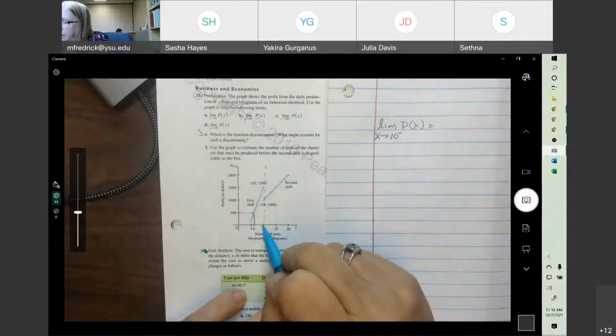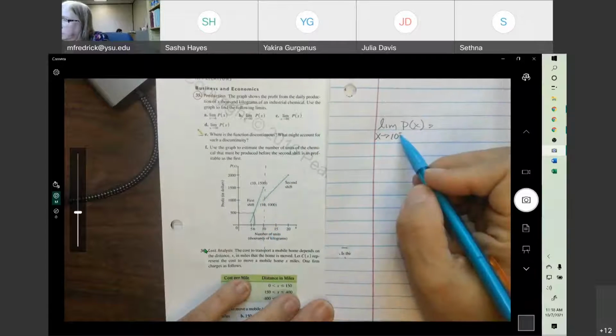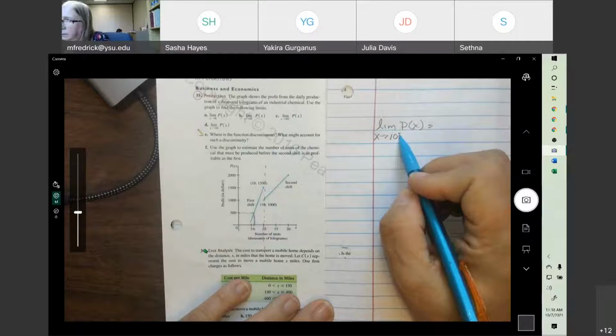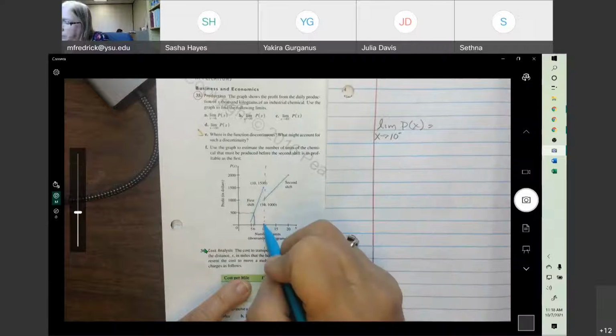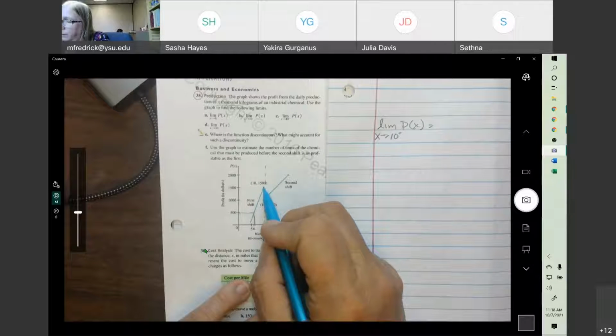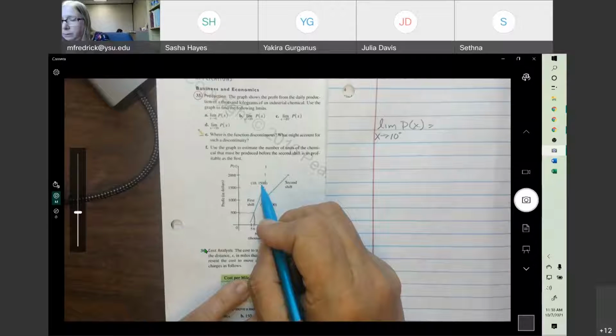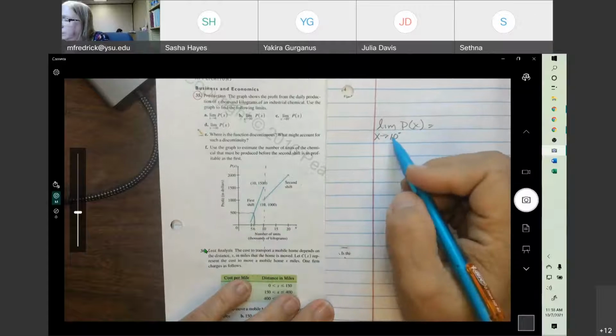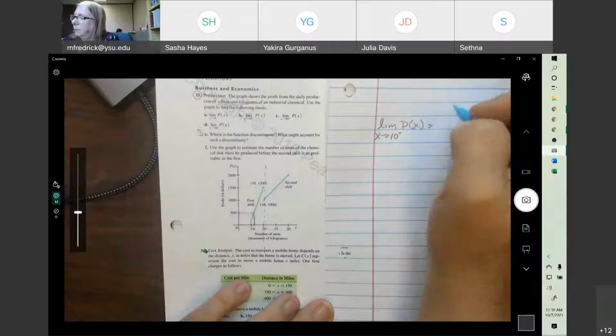So the limit from the left, that minus sign means a little bit smaller. You can move to the left and notice my lines over here, and the Y value is 1500. So the limit as X approaches 10 from the left is 1500.